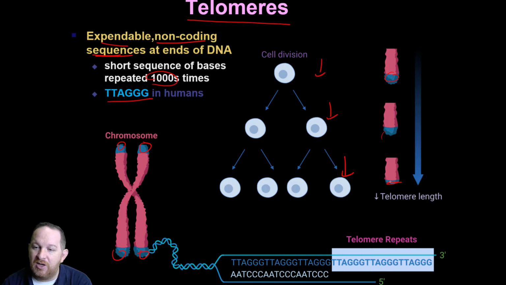Eventually the telomere would be completely gone and we might start getting into some of the good stuff on the chromosome. So these repeating telomeres can be removed over time, and that might be one of the reasons why we age.